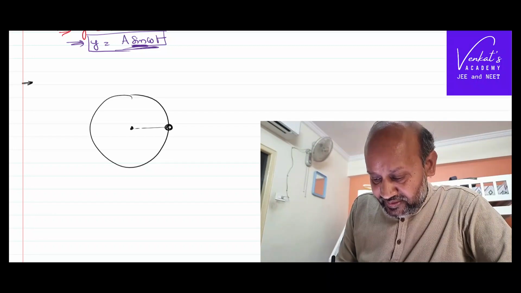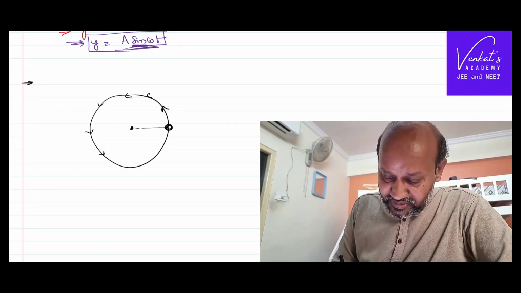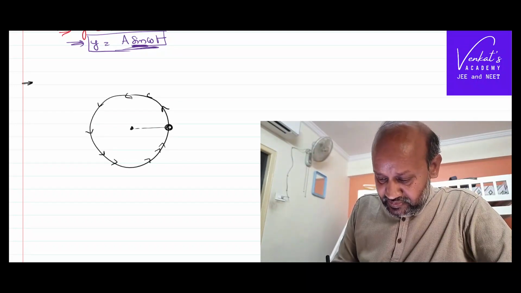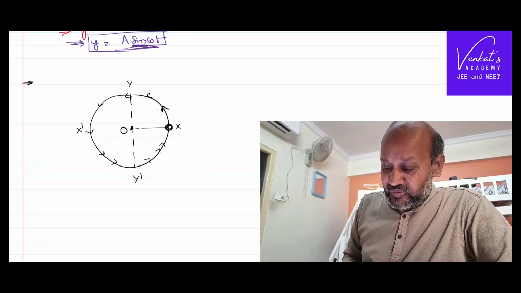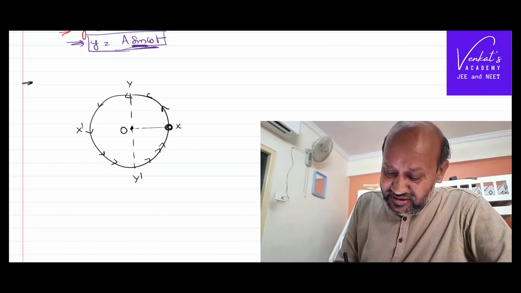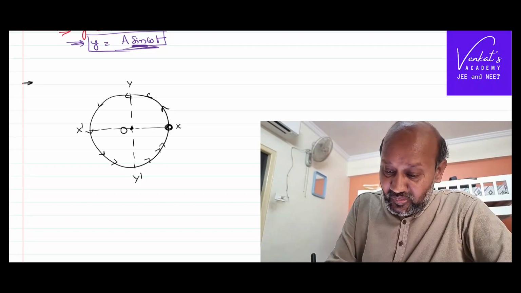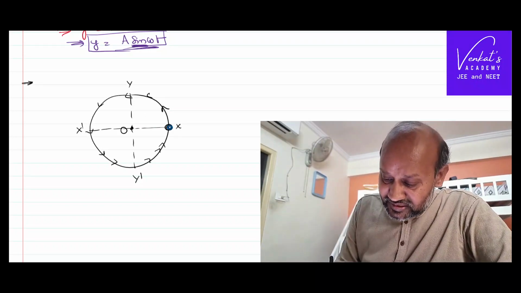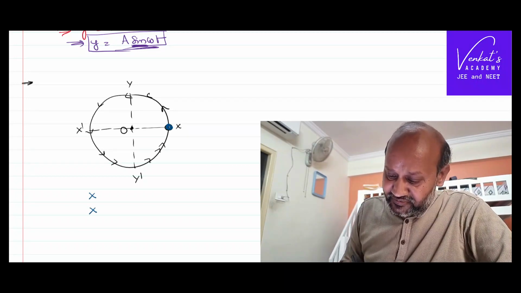This is the body moving in uniform circular motion in an anti-clockwise direction. I'll just redraw the origin, x-axis, negative x-axis, y-axis, negative y-axis. So wherever the body is, this time I want to draw a projection onto the x-axis itself, not onto the y-axis. So when it is at x, the position of the body is x. The projection onto the x-axis is at x itself.